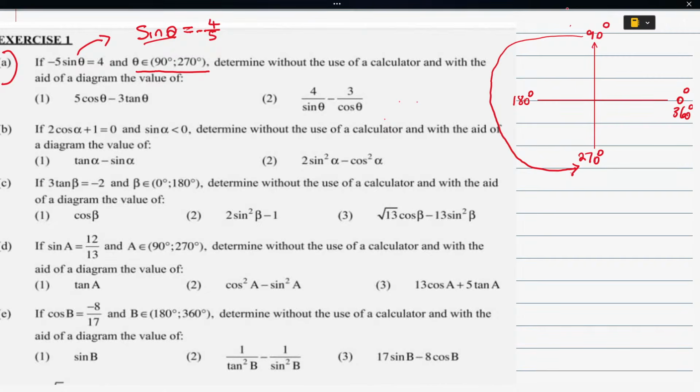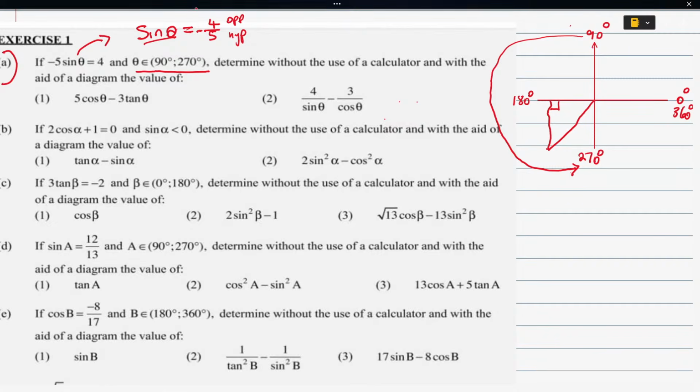So now, which quadrant is sine negative? So it's the quadrant from 90 to 270. Obviously, it's quadrant number 3. That's where sine is negative. Okay? Remember, sine is opposite over hypotenuse. Sine is what? Opposite over hypotenuse.